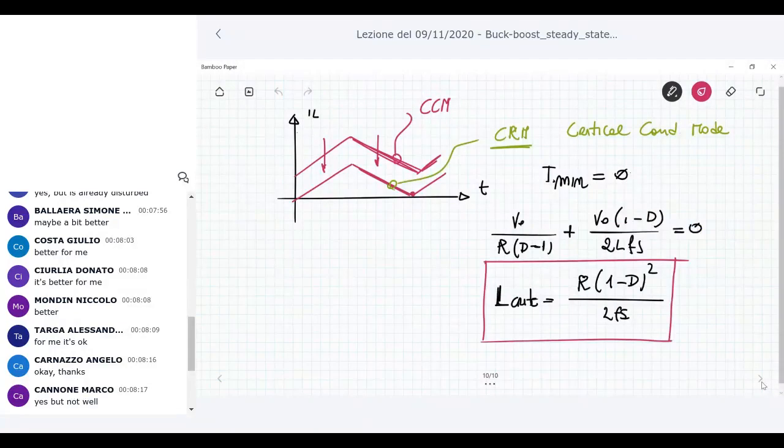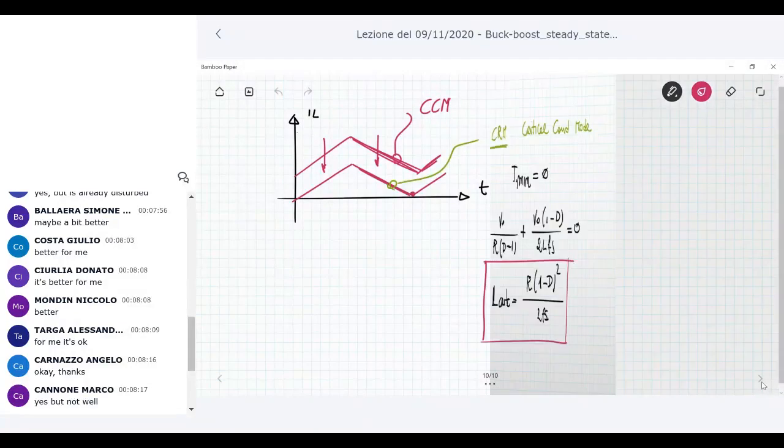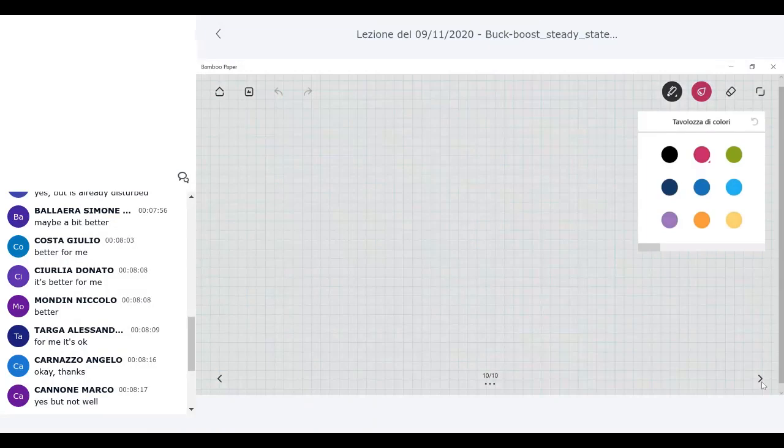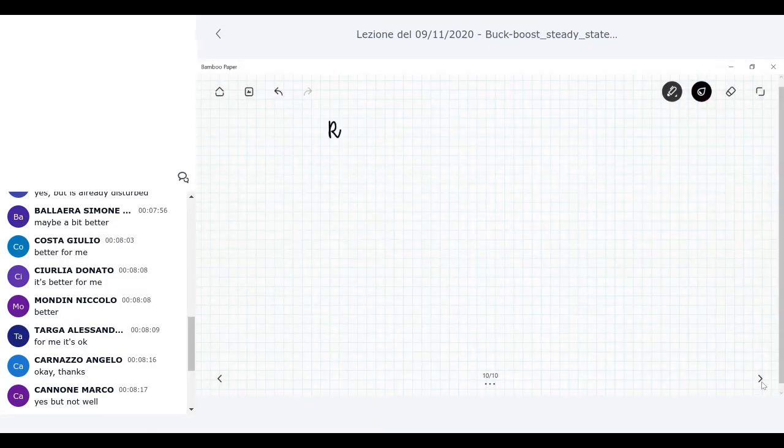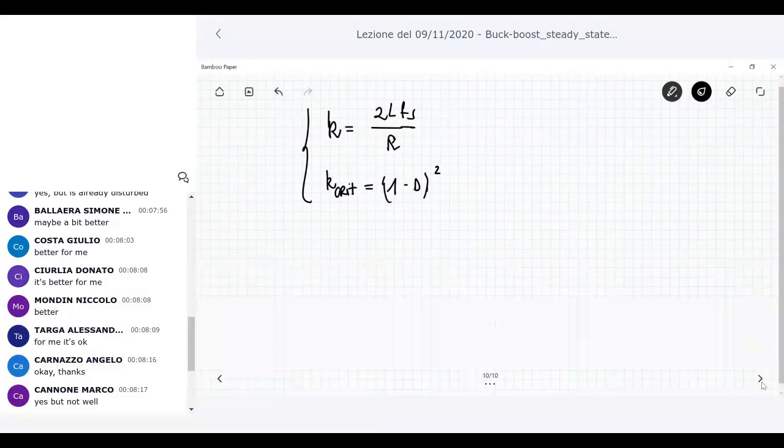Again, as we did for the other converters, we can have two dimensionless parameters: K, which is Q Fs over R, and K critical, which is now (1 - D)^2.